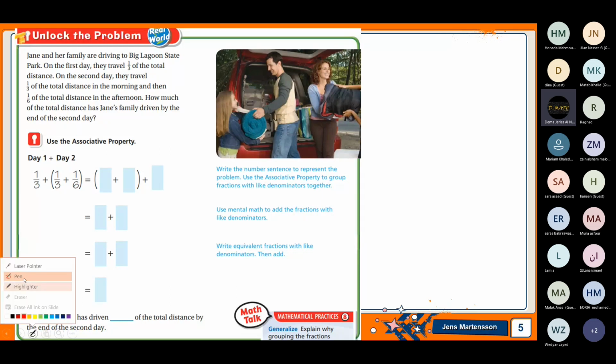So we will add how much they travel in day 1. They traveled 1 over 3. This is the first day. And then the second day, they travel 1 over 3 in the morning and 1 over 6 in the afternoon. So we will add the 1 over 3 in the morning and the 1 over 6 in the afternoon.